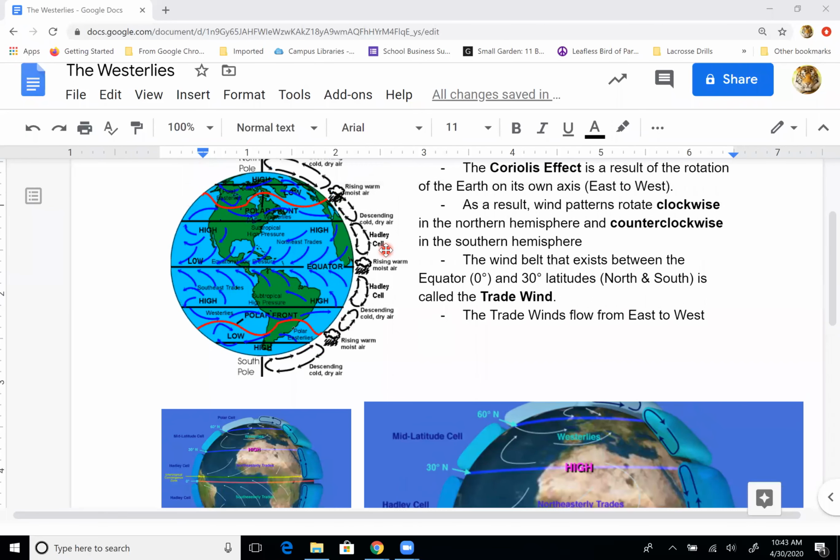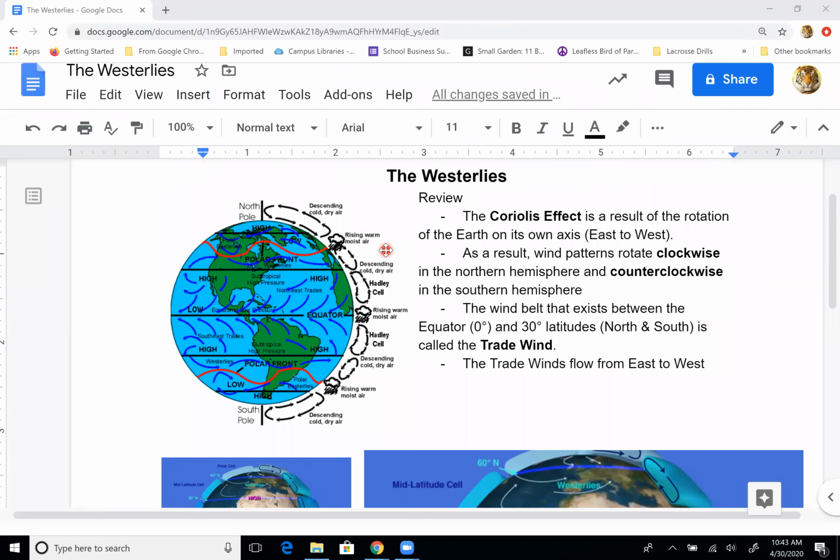The way winds are named is where they start from. The trade winds start from the east and head out west. The next wind pattern starts from the west and heads east.